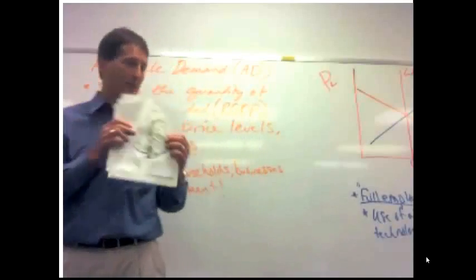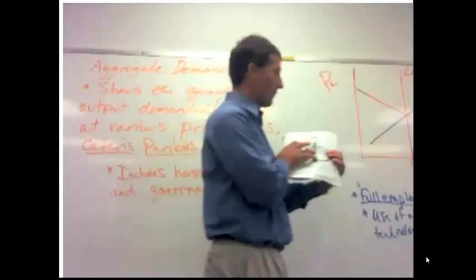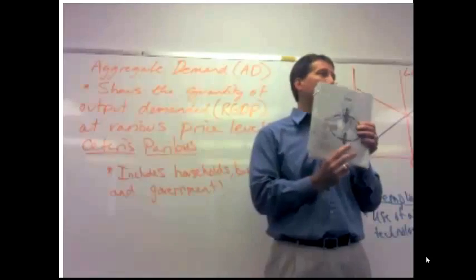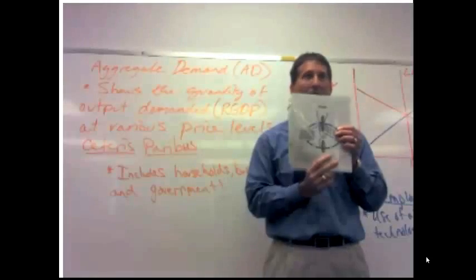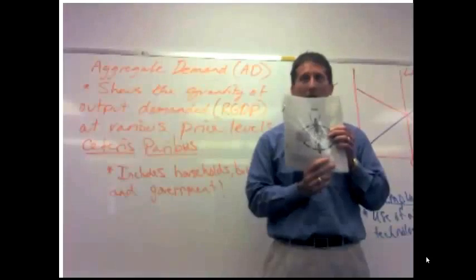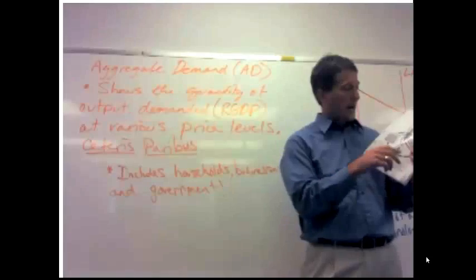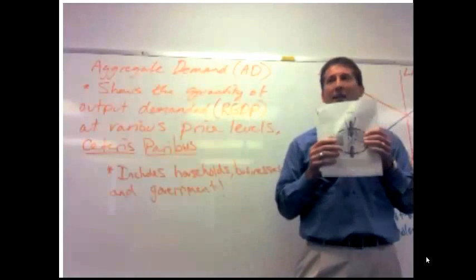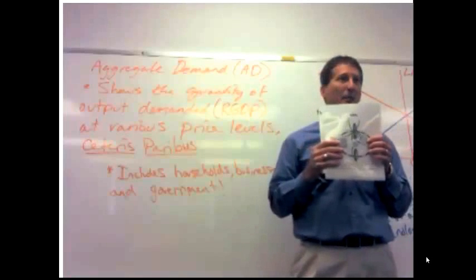That's investment. The government, buying weapons of mass destruction and other things, runs about 20% of the nation's output as well. So we've got consumption, investment, government spending, and then our last component is net exports.